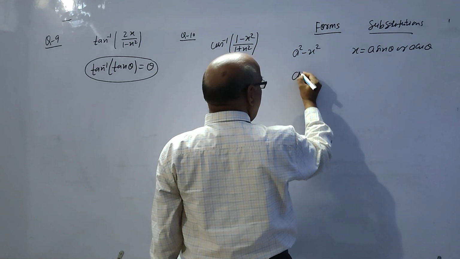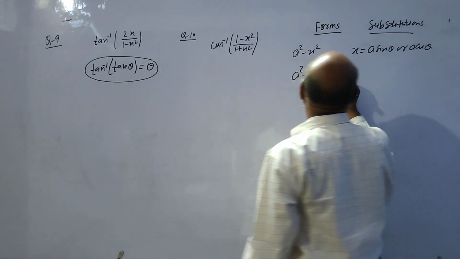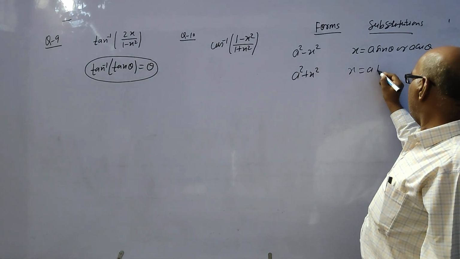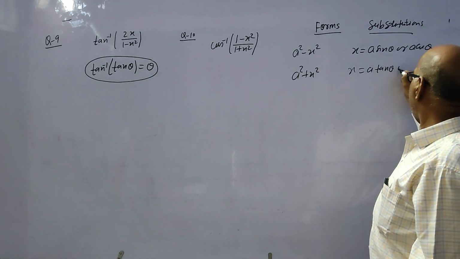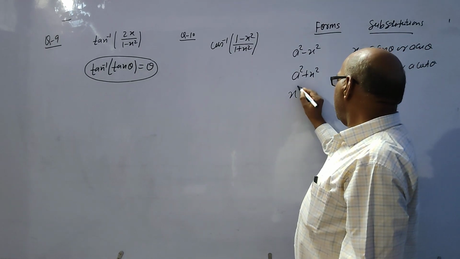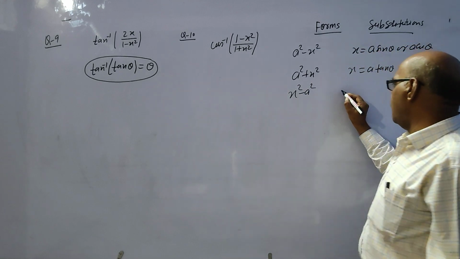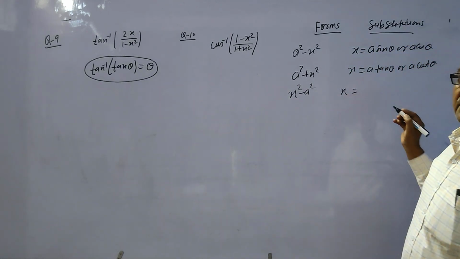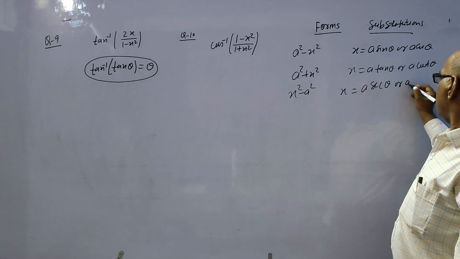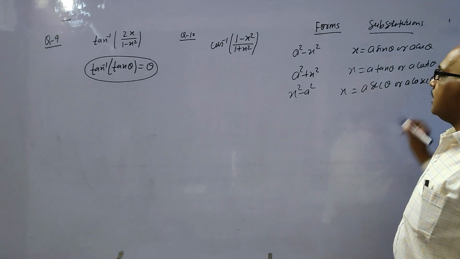If it is a square plus x square, then you substitute in place of x: x is equal to a tan theta, or you can say a cot theta. If it is x square minus a square form, then you substitute x is equal to a sec theta or a cosec theta.